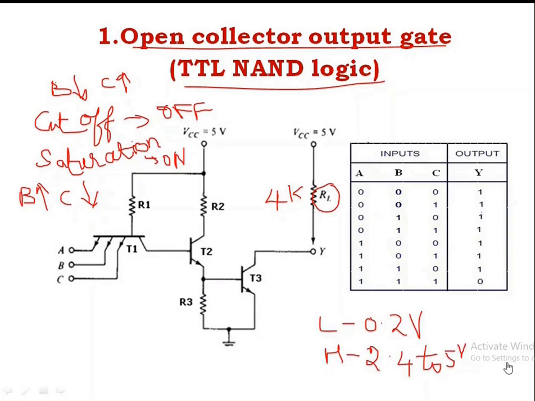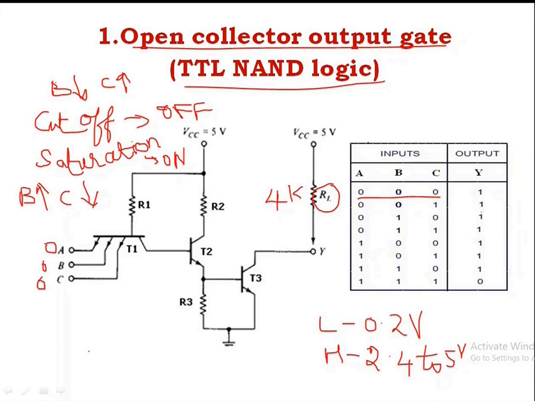Next we'll go for the NAND operation for this circuit. We'll see when all the inputs are 0, that is, when all the inputs are low. I am putting 0, 0, 0 here.